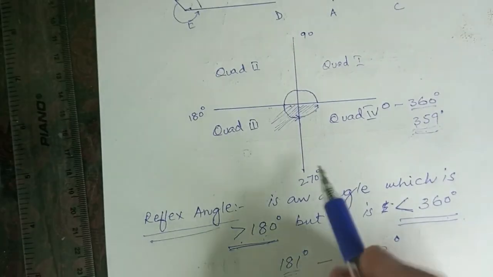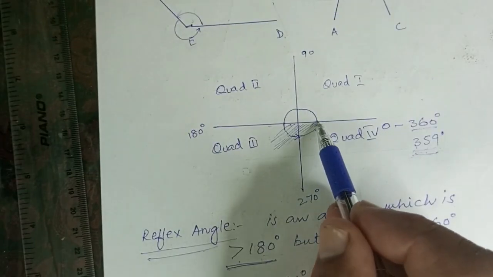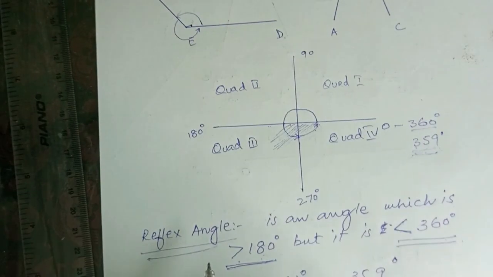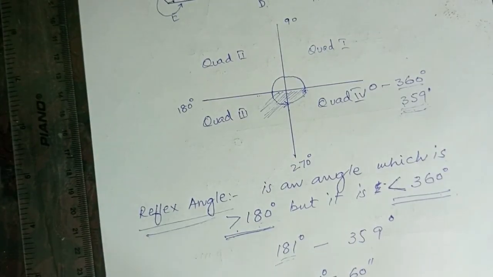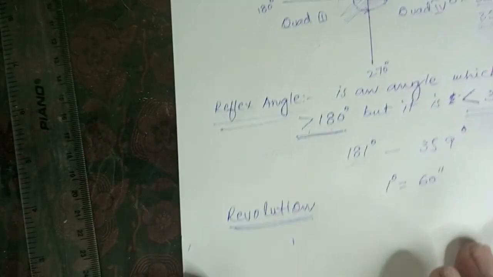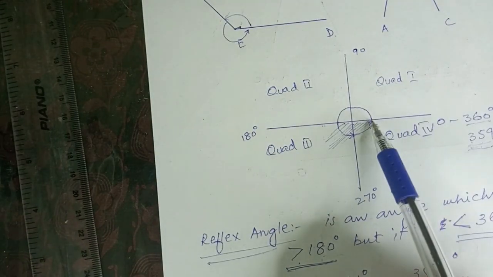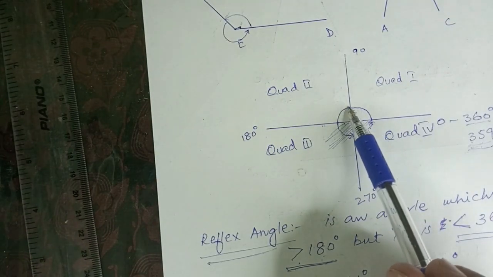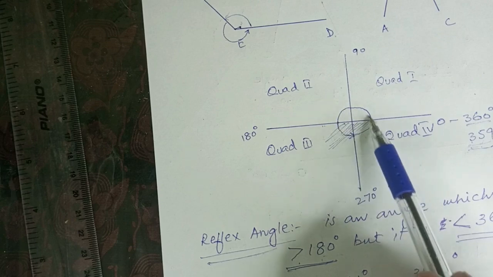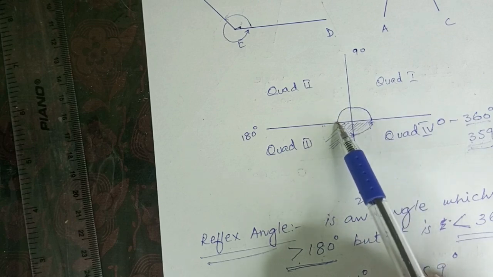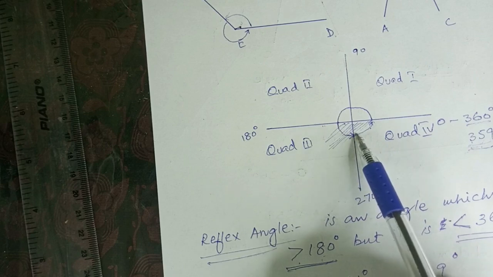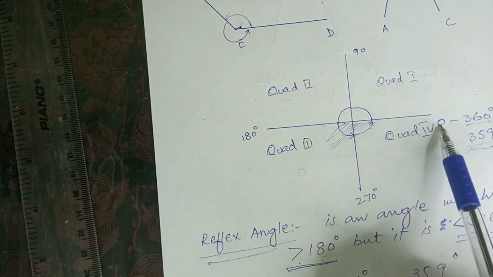Now, what if it touches the 360 point? It will be called one revolution. If we start from here, we cross 90 degrees, we cross 180 degrees, we cross 270 degrees, and reach back to the zero position.